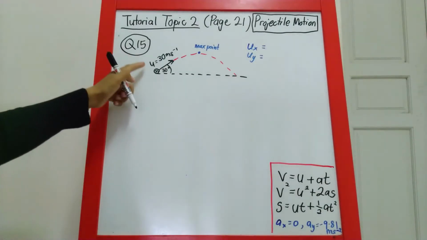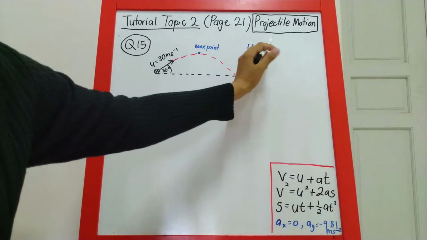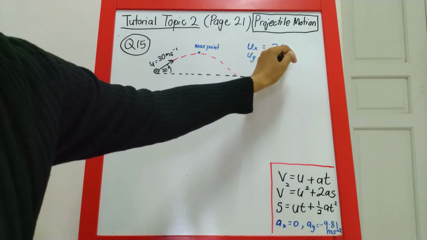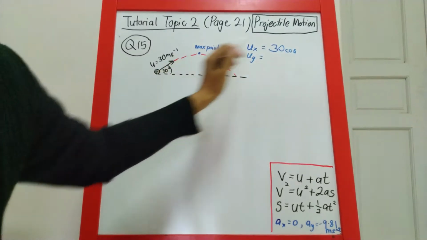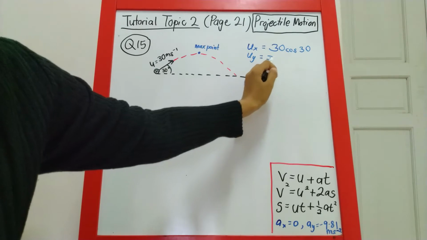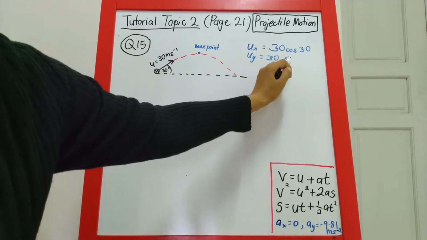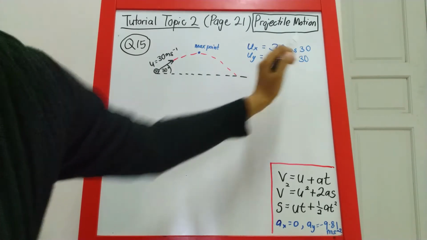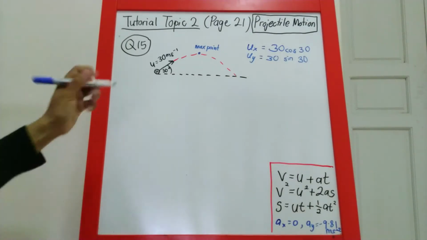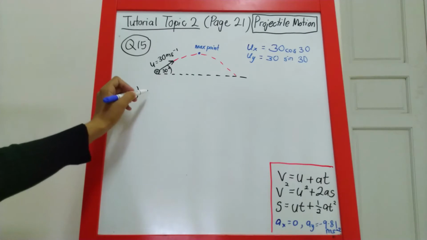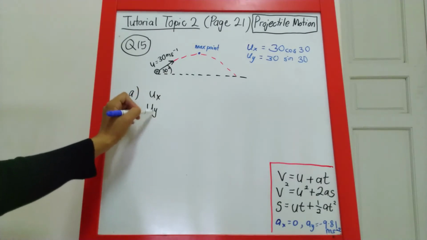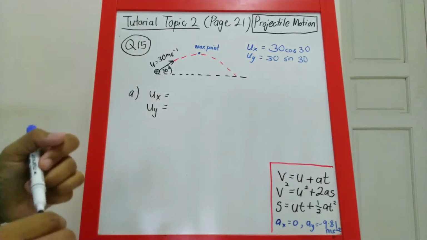From here, we automatically know that ux is 30 cos 30 and uy is 30 sin 30. Therefore, for part A, just press your calculator for ux and uy.